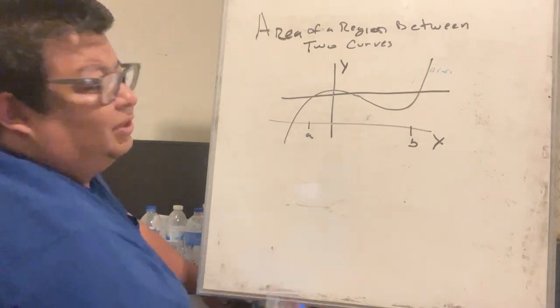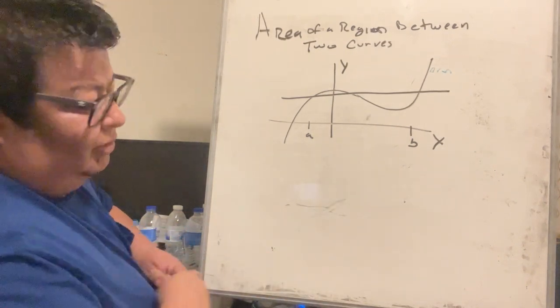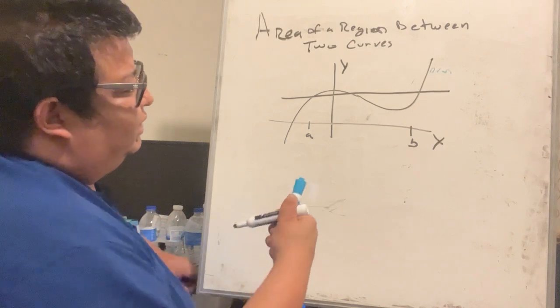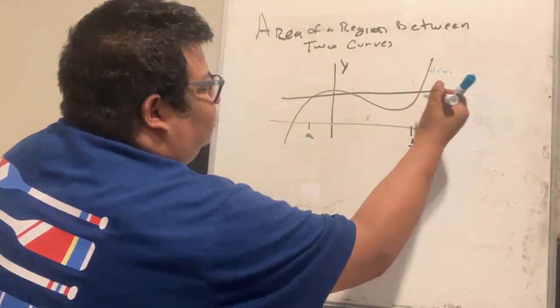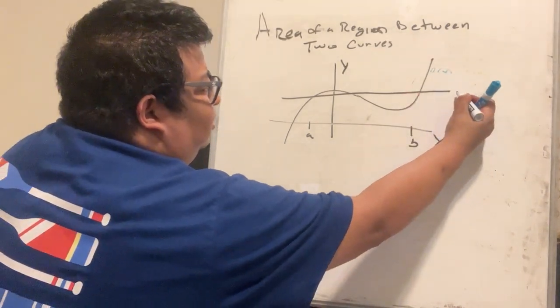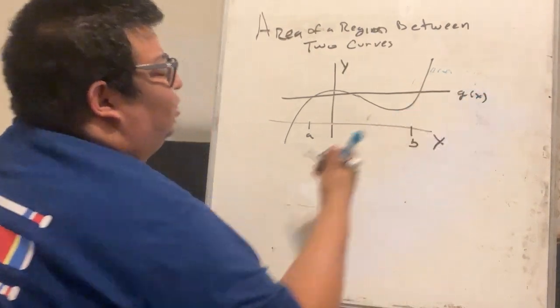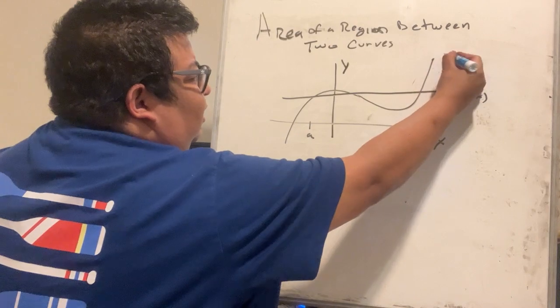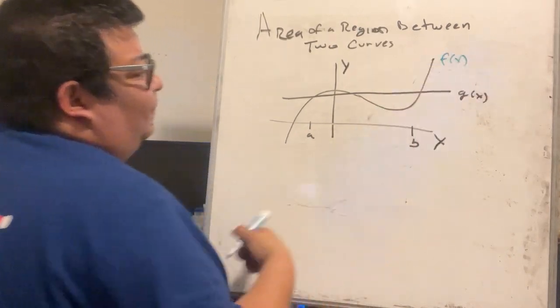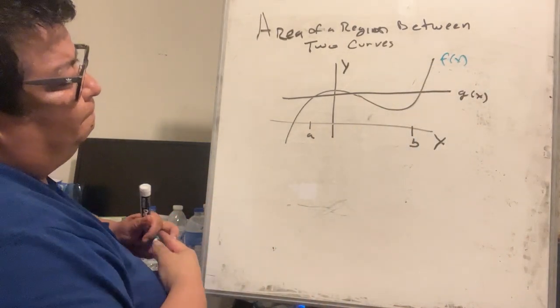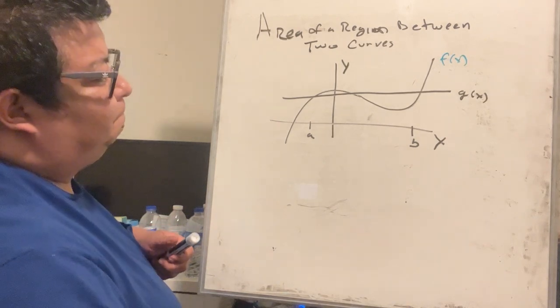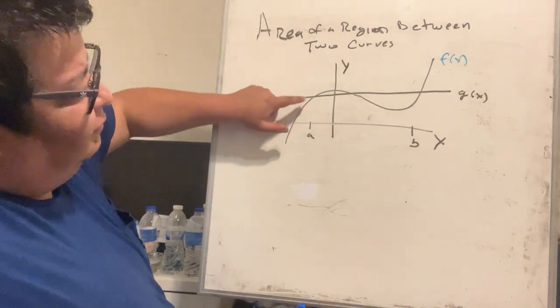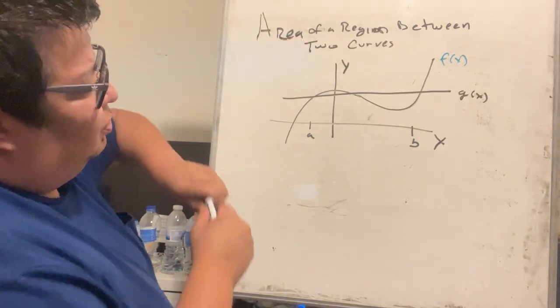So what's different about this graph? Let's let this one be g of x and this one be f of x. Notice that f of x is above in one part.